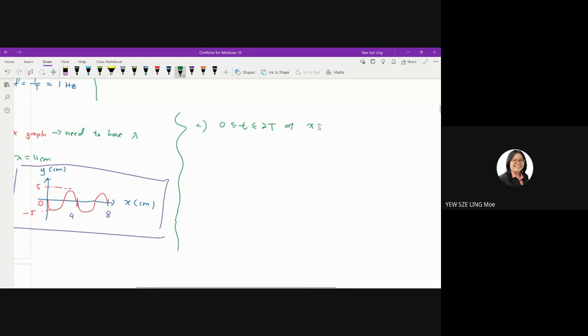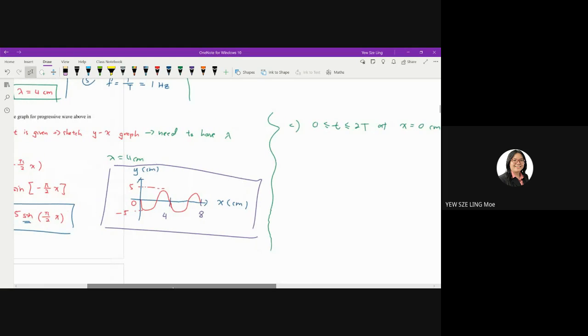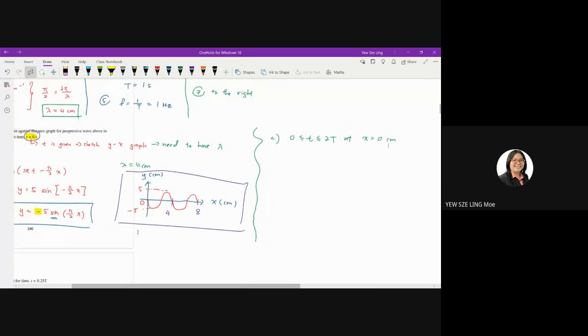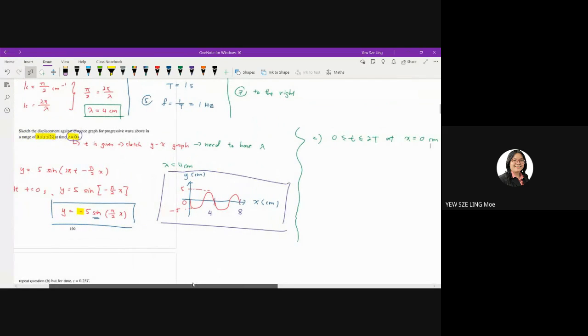At x equals 0 cm. All right, now I want you to solve this question. See whether you can solve it or not. You can try to refer to the one that we discussed just now. Look at question B and think, how are you going to solve this question C?